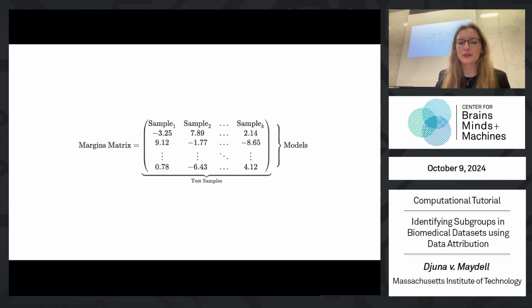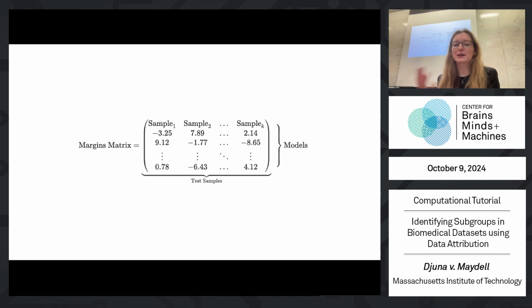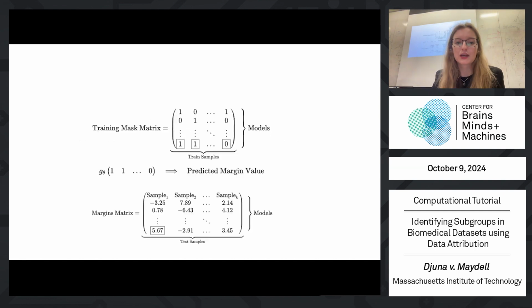I want to just note that you can expand your test size by also including training samples that weren't included in a given model, right? But just for when we do the CIFAR example, it's so easy because they're already split, but that's just something to keep in mind, especially for biological data where we just don't have so much of it.